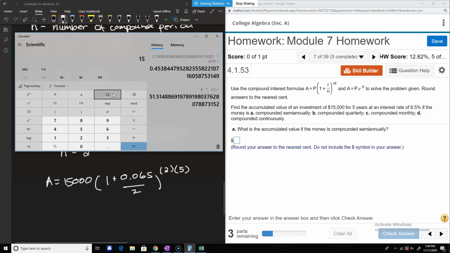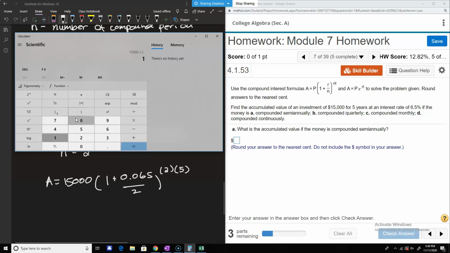So I got 15,000. I probably should clear everything. Let's dump the memory there. So we have 15,000 times 1 plus 0.065 divided by 2. Okay, and then you have the exponent here, but when you're typing it in, you need to include an extra set of parentheses around the 2 times 5 in the exponent.